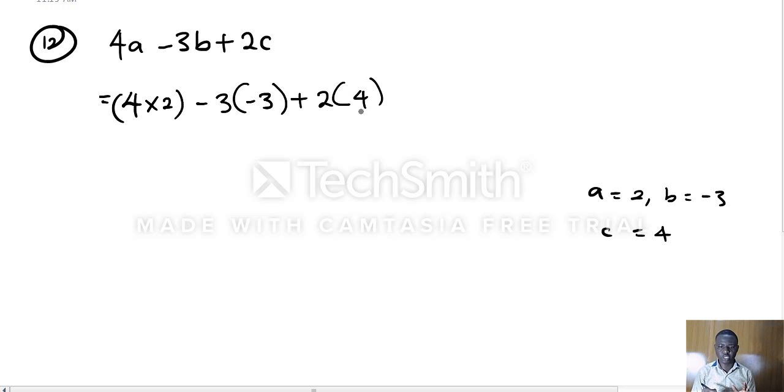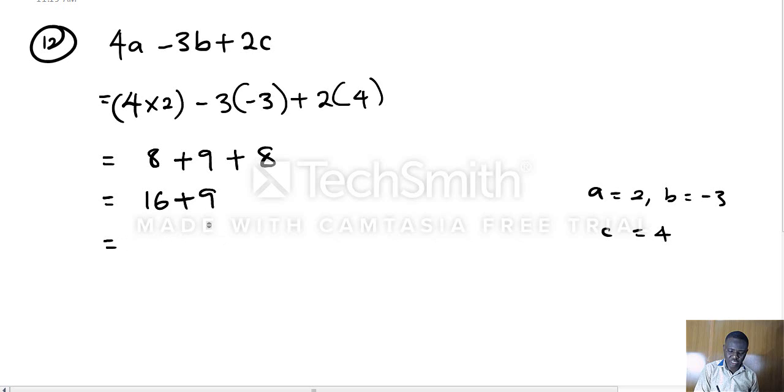All I did was to substitute, and this is going to give me 8, minus 3 times minus 3 will be positive 9, plus 8. So this is equal to 8 plus 8 is 16, plus 9, and 16 plus 9 is equal to 25. So 4A minus 3B plus 2C is 25.